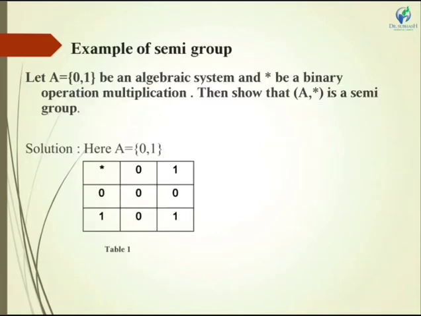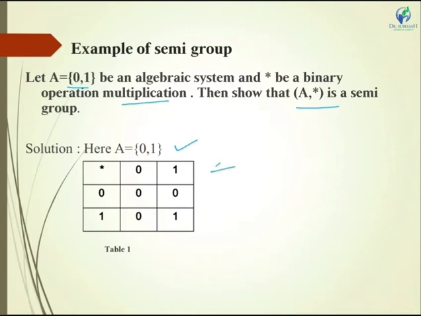Now let us take one example of a semigroup. Here we are given A equal to {0, 1} as our set, as our algebraic system, and the binary operation here is multiplication. We have to show that (A, star) is a semigroup. Now for the solution, we have set A equal to {0, 1}. I will first construct a composite table.